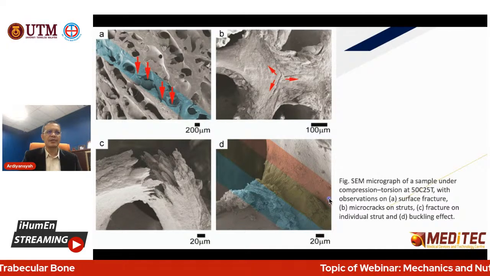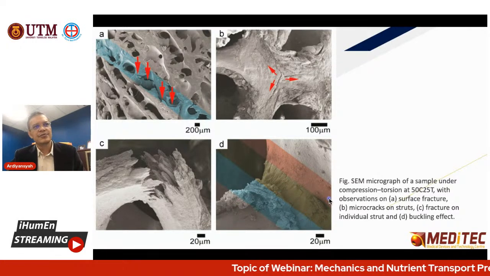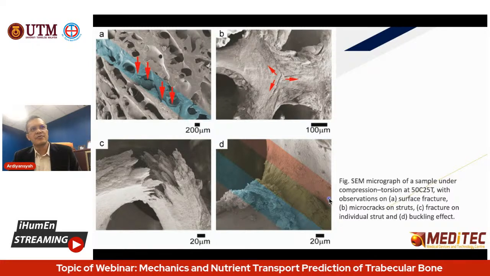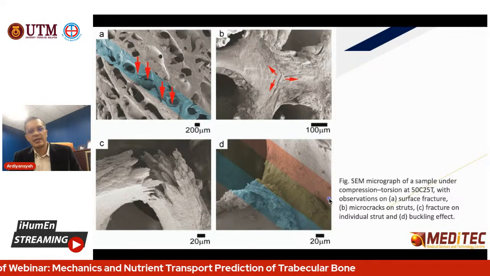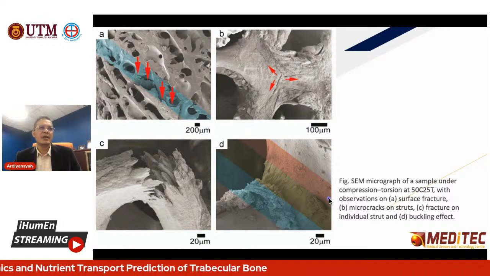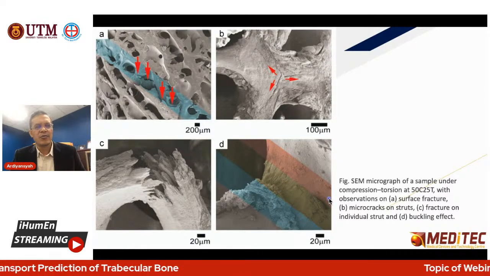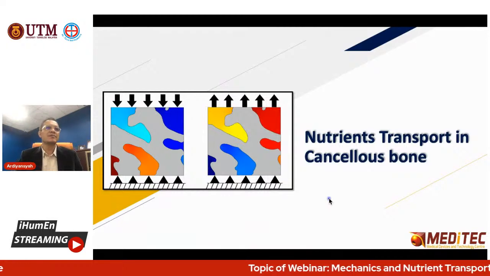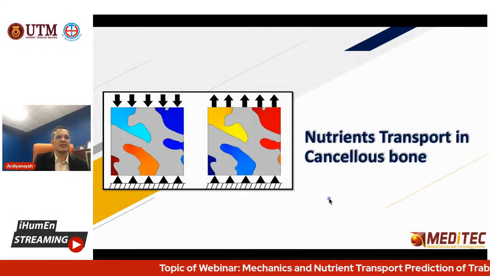So with all this technology, you can check the type of failure and everything. Then you know in detail why the structure failed. Let's say with MicroCT it is easier. Okay, now I move to nutrient transport in cancellous bone.